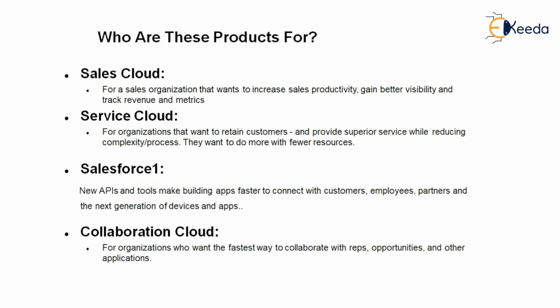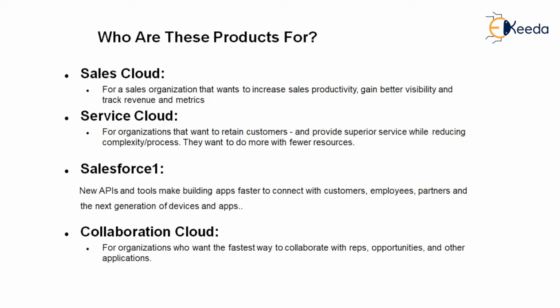This product is for organizations that want to retain customers and provide superior service while reducing complexity of process. They want to do more with fewer resources. For them, Service Cloud is one of the products from Salesforce.